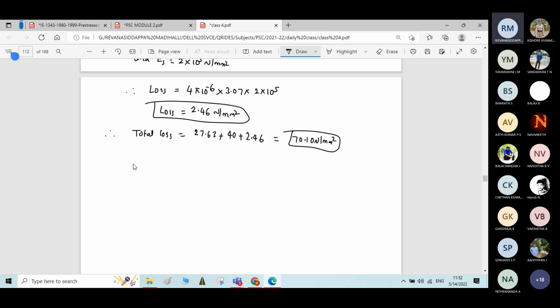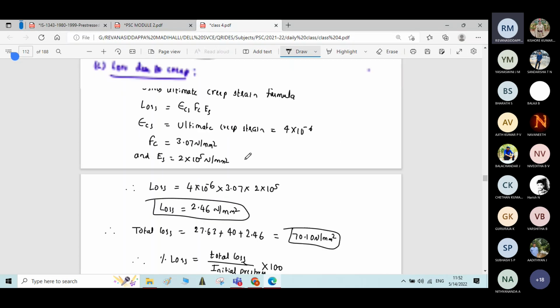Therefore the percentage loss you can calculate. Percentage loss is equal to total loss of pre-stress divided by initial pre-stress into 100. The total loss is 70.10, divided by the initial pre-stress.